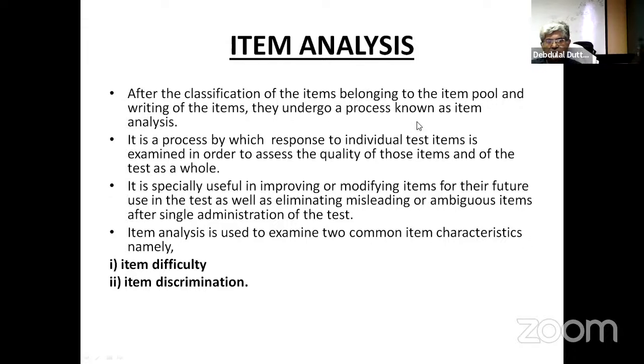It means that first, before formulating a questionnaire, we have to write down or collect a pool of items. There should be a large number of items. Then from that item pool, we select the items, and after classifying them, we write those items for the final scale, right?